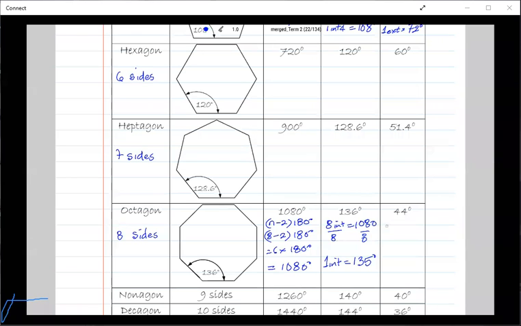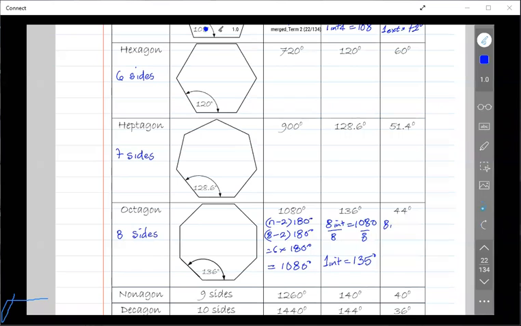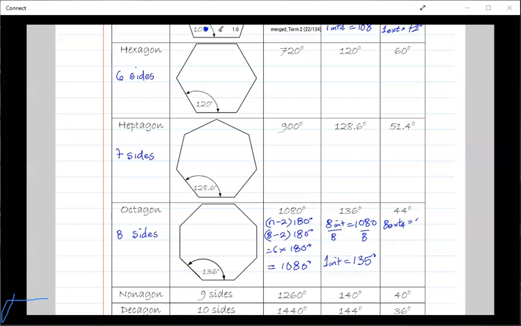Now the 8 exterior angles, because if a polygon has 8 sides, it would have 8 interior angles and 8 exterior angles. So the 8 exterior angles add up to 360 degrees. The sum of the exterior angles of all polygons is 360 degrees.